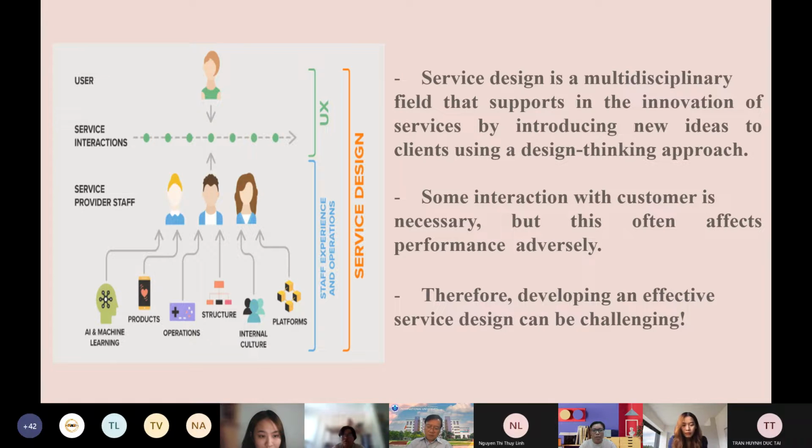However, because of service nature, interaction with customers and flexible customization will be favored to satisfy their specific needs. Though interaction with customers often affects performance, it's still necessary. So developing an effective service design can be challenging.